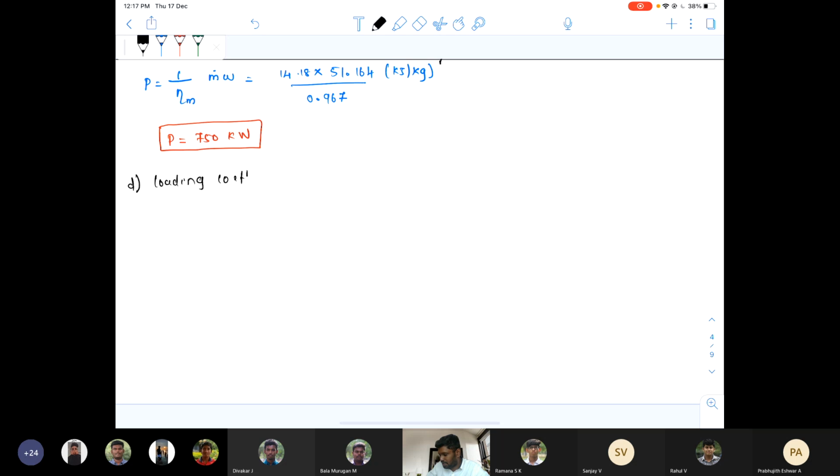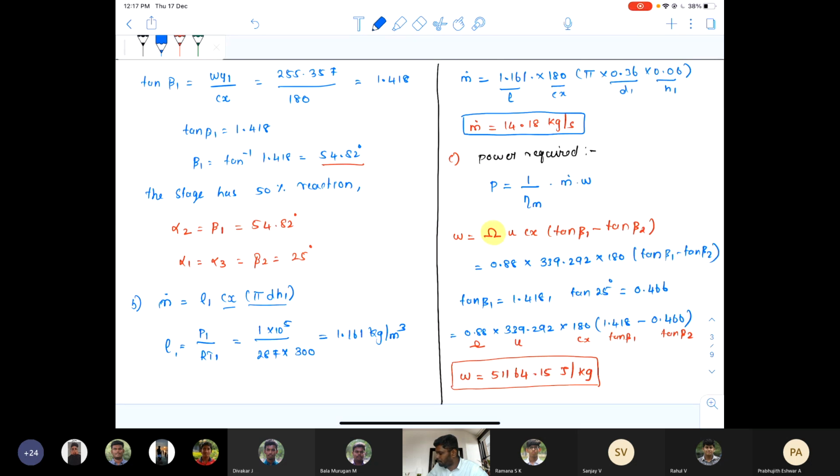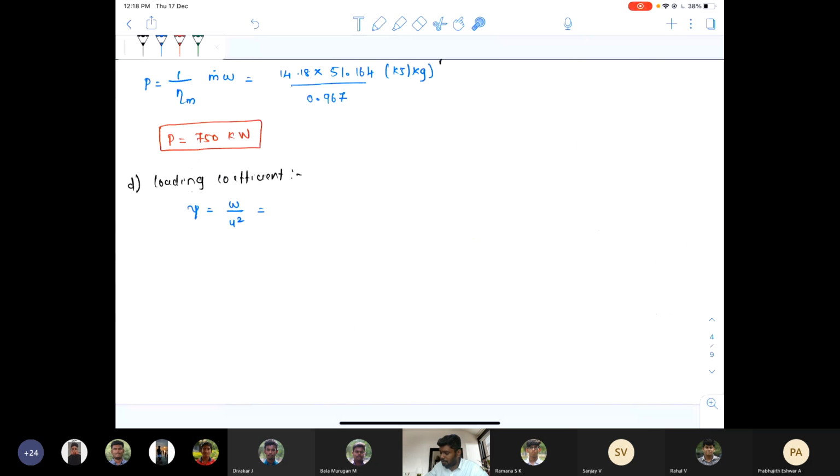The loading coefficient is given by psi equal to W by U square. We know the value of W is 51.164 kilojoule per kg or 51164.15 joules per kg. You can substitute either of these values to attain the value of the loading factor.